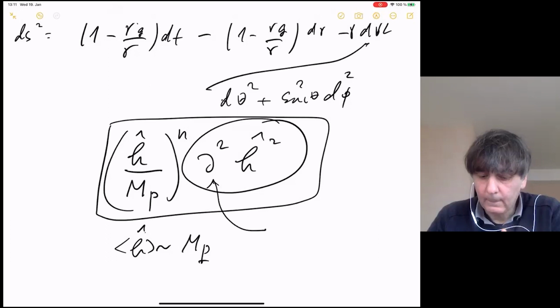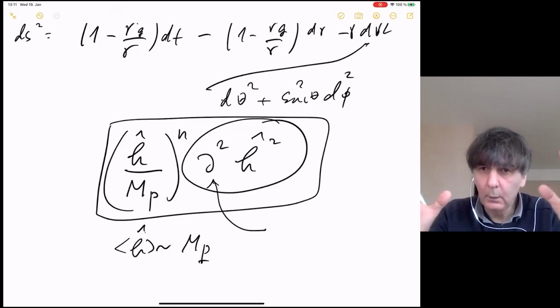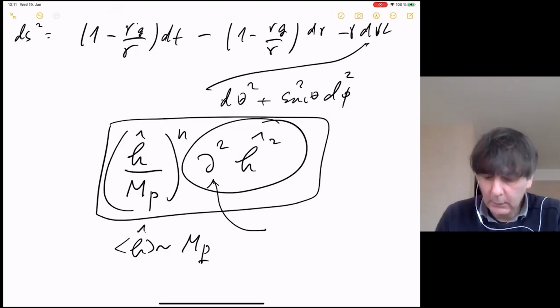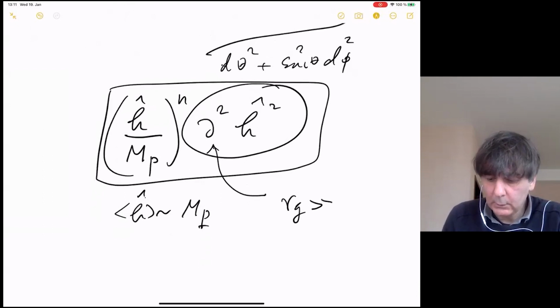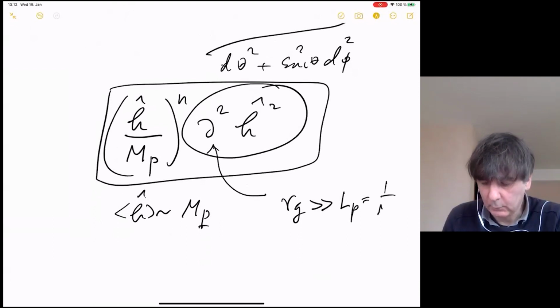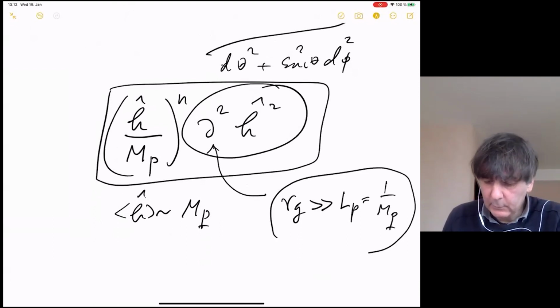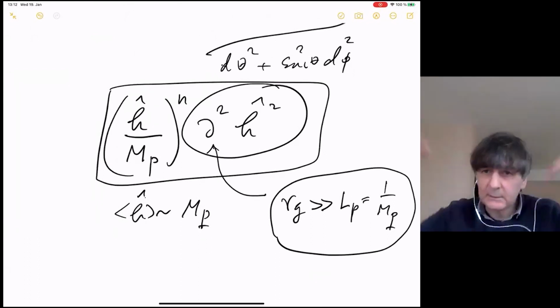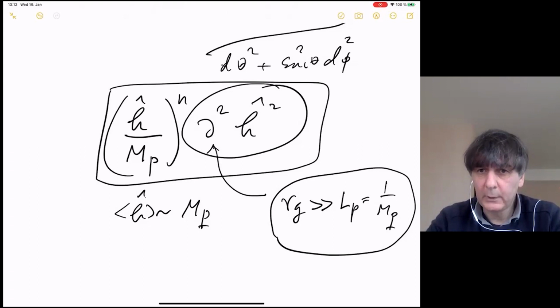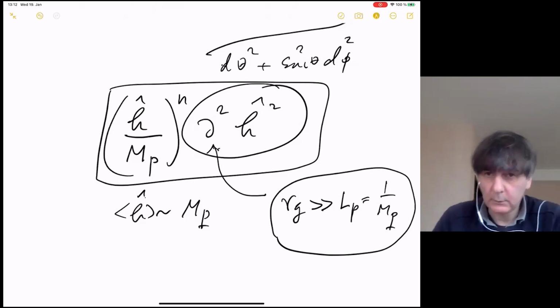In other words, if Rg, the gravitational radius of an object, for example a black hole, is much larger than the Planck length, which is 1 over m Planck, then nonlinearities, although they are equally important, are still much smaller compared to the Planck scale because of derivatives.